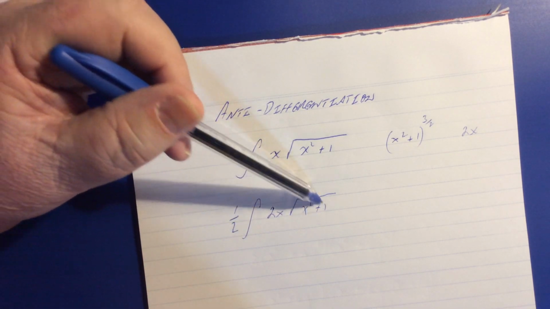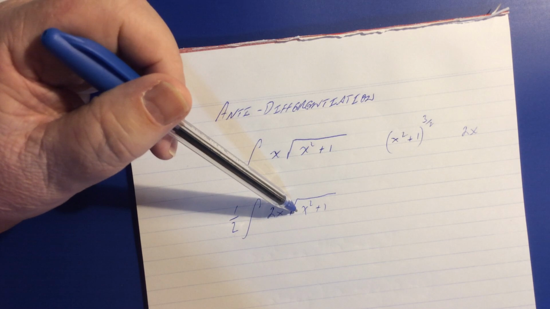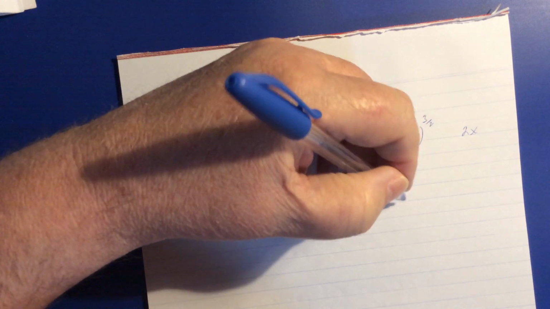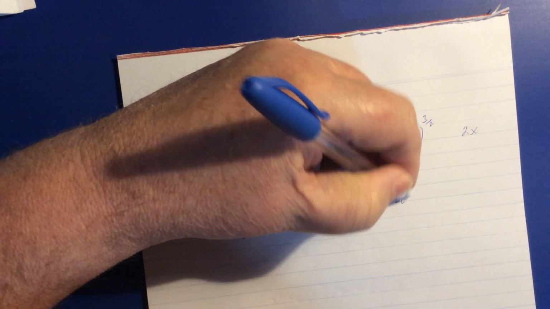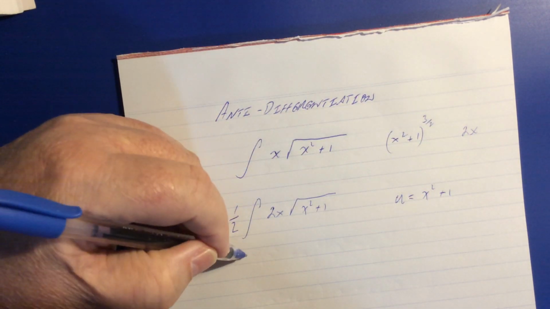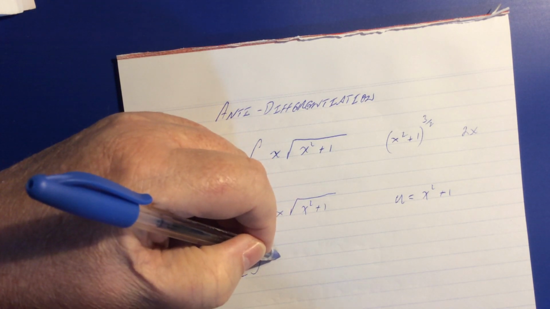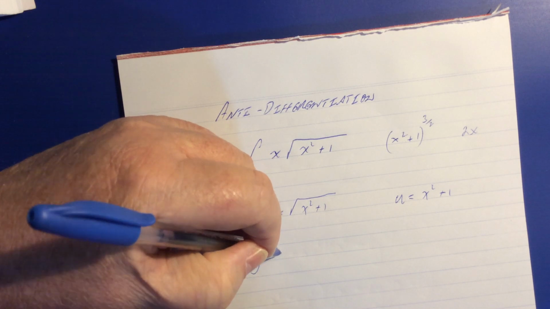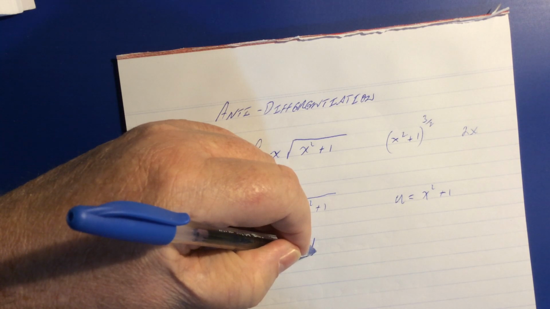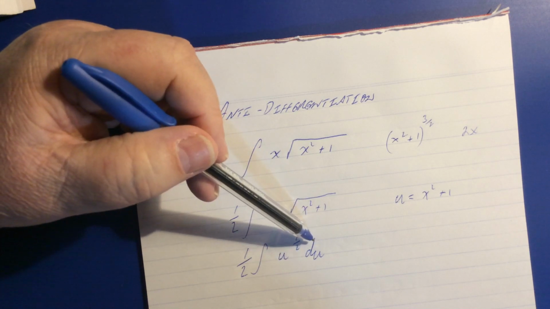Now, this expression in here would have been u, as I said, when we were dealing with the chain rule. So we'll make this expression u. So u is equal to x squared plus 1. And so this is what we get when we set about trying to anti-differentiate this thing.